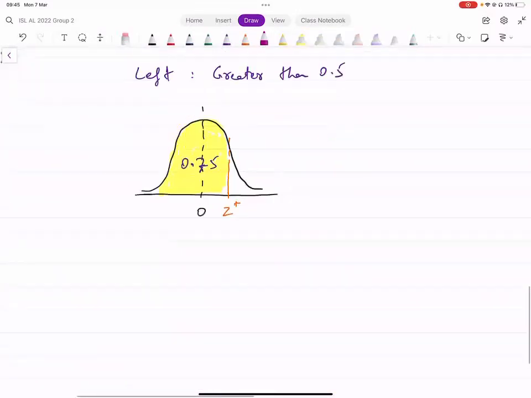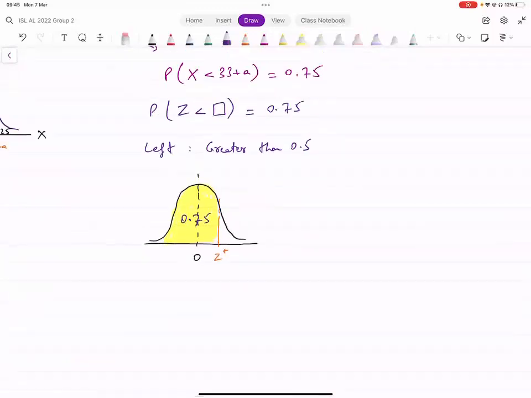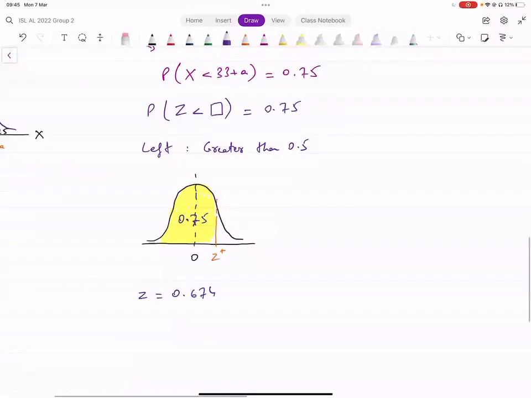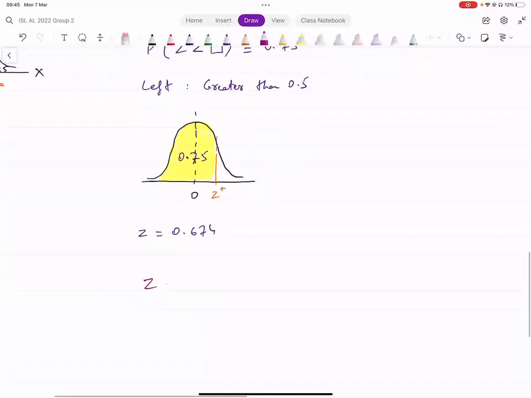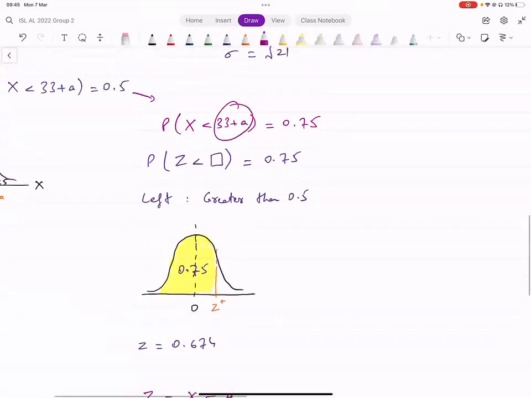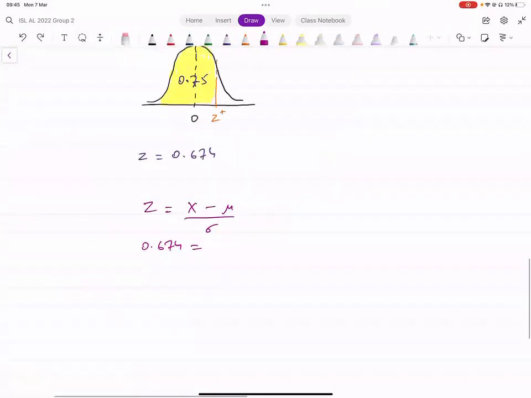z की वैल्यू 0.674 आ गई, now we go back here, we say z should be 0.674, अब वहां पे इनपुट कर दें फॉर्मूला के अंदर, z equals x minus mu over sigma, z is 0.674, x की जगह पे हमारे पास 33 plus a था, 33 plus a minus the mean is 33 divided by the standard deviation, which is square root of 21.